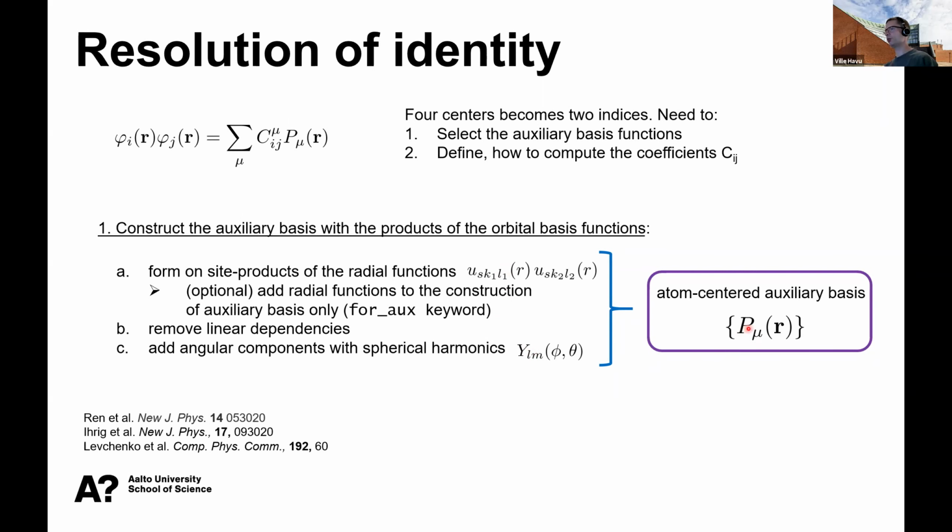And then you end up with the atom-centered auxiliary basis. So the auxiliary basis in the radial direction looks like on-site products of the radial basis functions, or enrichment of those that are added with the for_aux keyword. So basically, it's not that far away from what we are trying to approximate, which is quite comfortable.